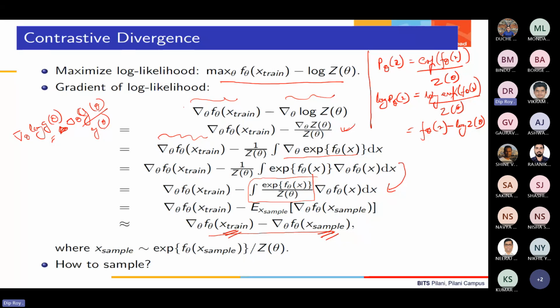But now we are stuck in a place where we cannot do sampling. All this training is only possible when we can generate samples from the model. If we are not able to generate samples from the model, what are we going to do about it? We cannot do contrastive divergence.